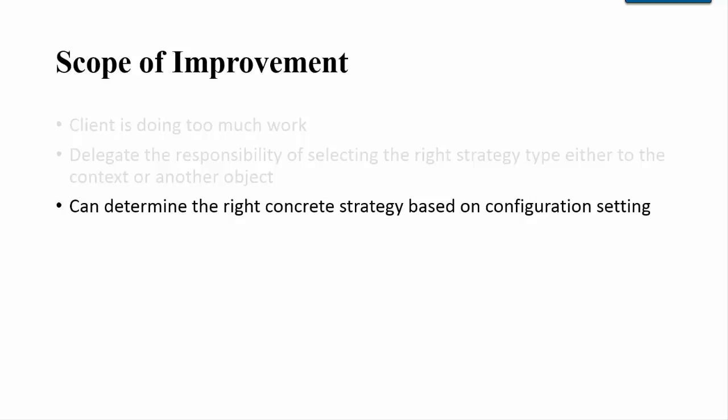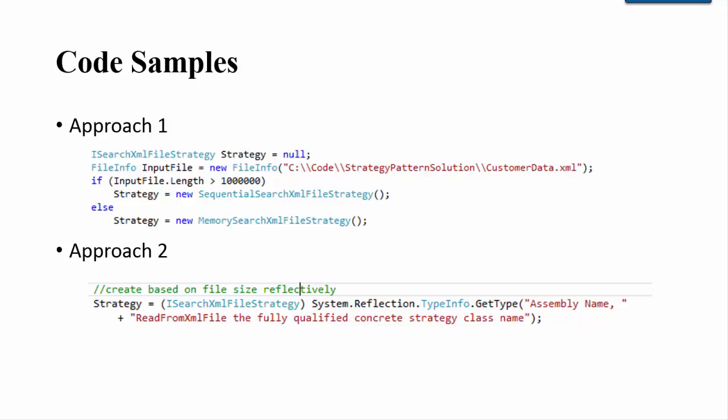Also, we need some kind of logic to select the right concrete strategy, and that could be based on some kind of configuration setting that we could change without changing code, and our right strategy selection would work. Let's see a couple of code samples here. In the first approach, one thing we could do is we could get the size of the file by using the FileInfo class in C#.